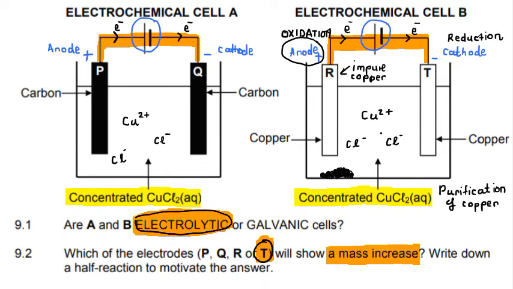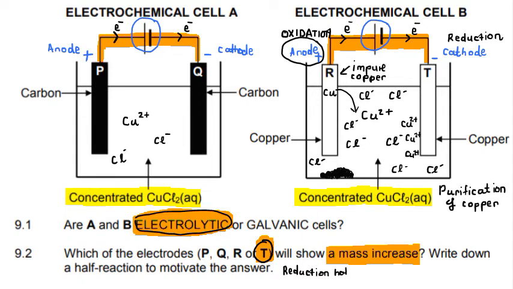Basically, what's going to happen is this is solid copper, so the solid copper is going to be oxidized and some of it will go into solution. Like I was saying, the copper 2 plus ions in solution will then be attracted to the negative cathode, and they are going to be reduced. So the half reaction that we are writing over here is a reduction.